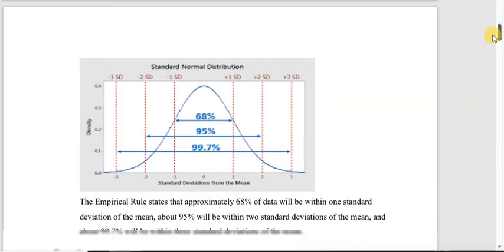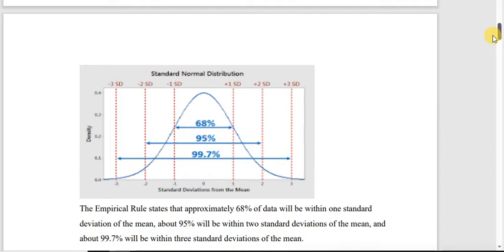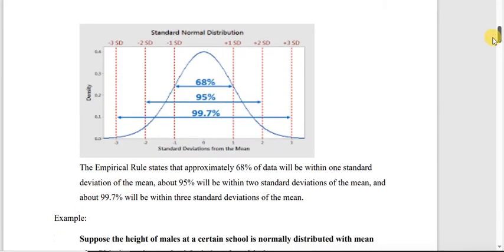As we can see, one standard deviation tells us that approximately 68% of the data will be within that one standard deviation of the mean. And when we talk about two standard deviations, as we can see on our screen, the probability from the two standard deviations positive to the two standard deviations negative is 95%.